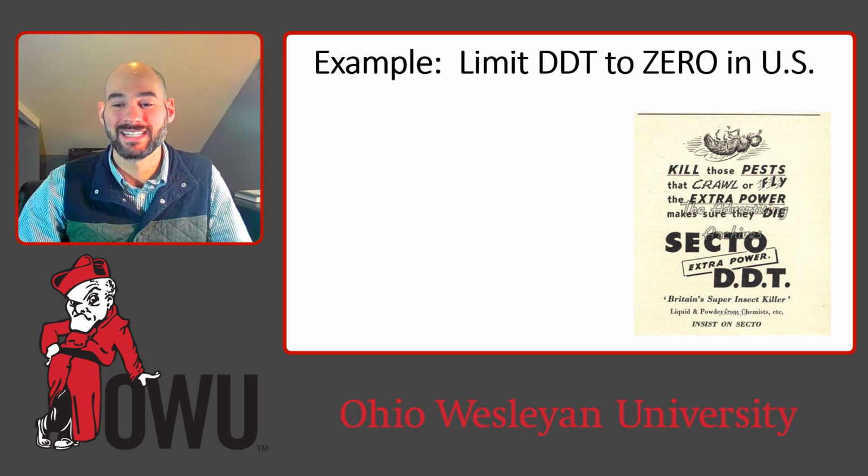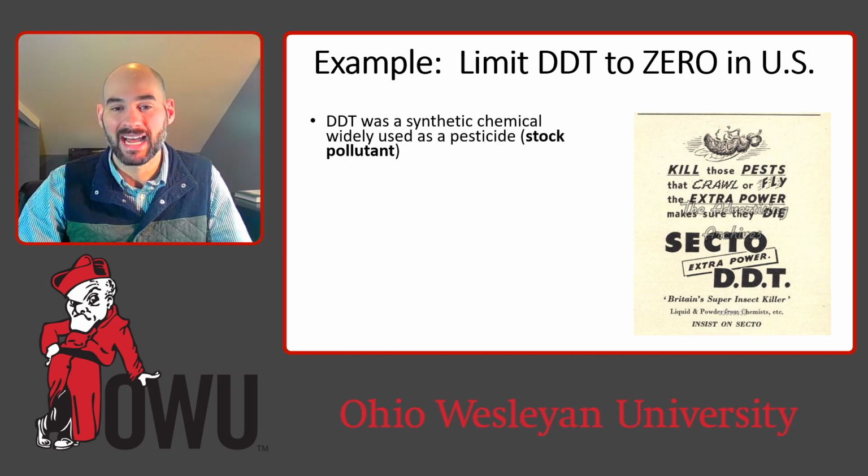So the real DDT is not a wrestling move. It was a pesticide which was used in the US in the mid-20th century. There was limited capacity of the natural environment to absorb it before it would make its way into the surrounding environment and impact other life forms.